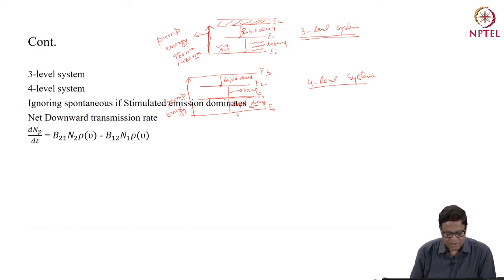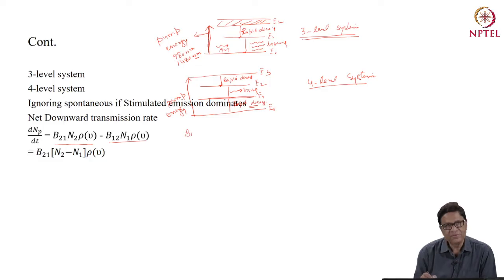So the net downward transition rate, that is the rate of Np, the number of photons generated with respect to time, is minus this. One term is stimulated, the other is absorption, and we are neglecting the spontaneous emission. So this is the rate. And as explained earlier, if you solve those Einstein relations which I had given you in the beginning, then B12 is equal to B21.